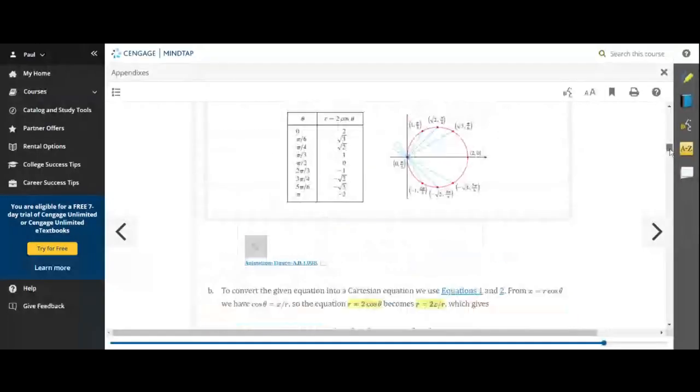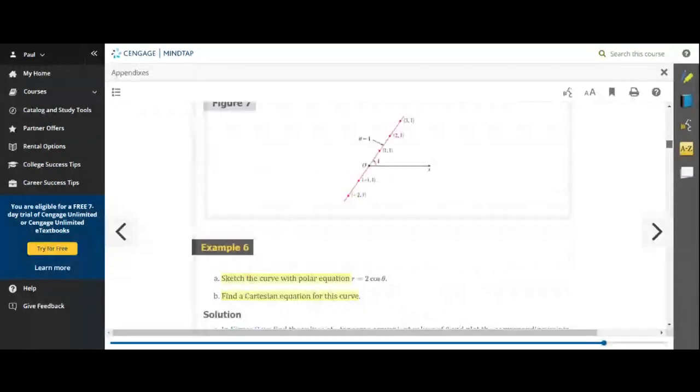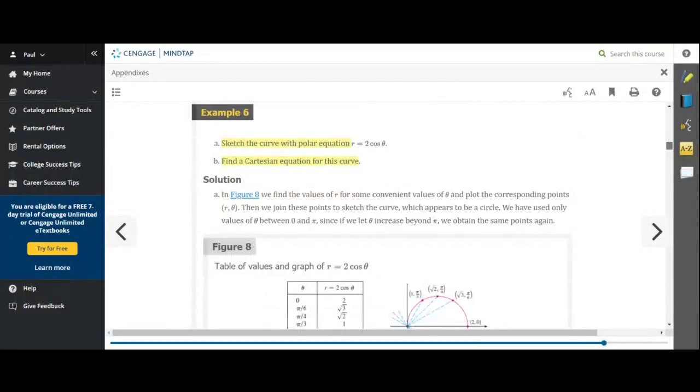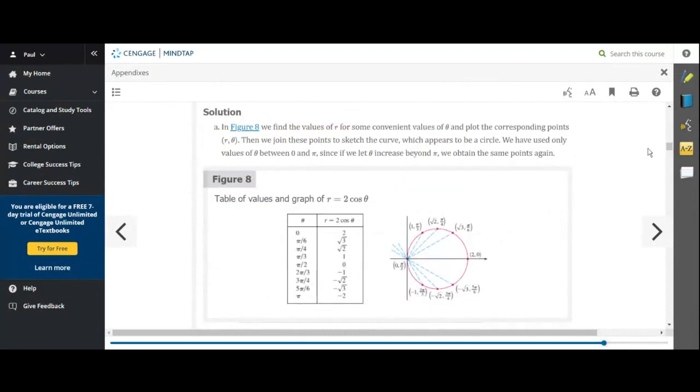So, you learned here in example 6 of an approach to plot a polar curve by taking angles, finding radii that go with the angles, and then plotting the polar coordinates, just like you would plot a function in the xy plane.